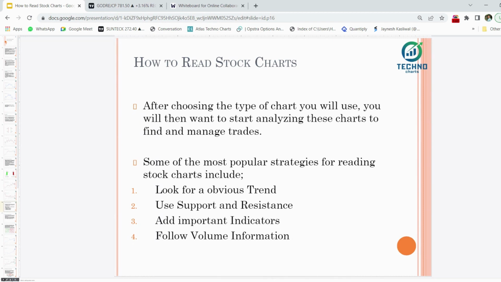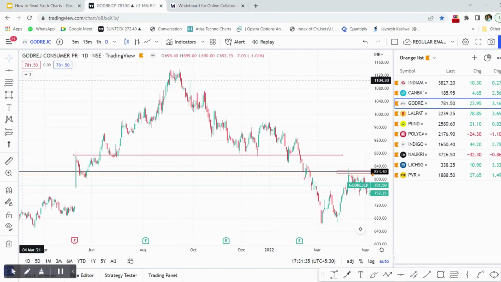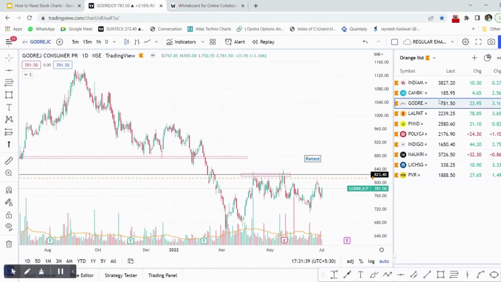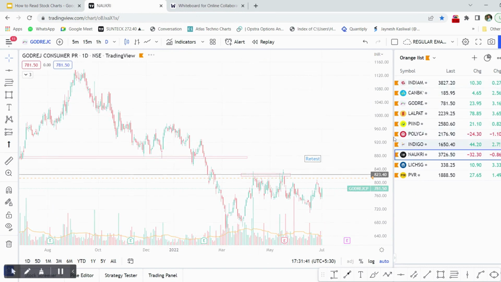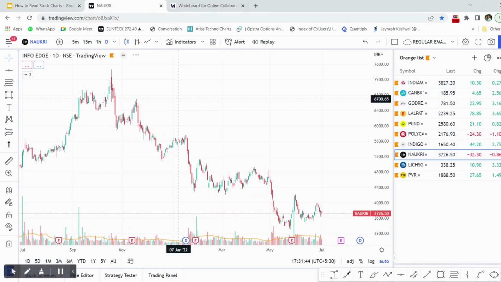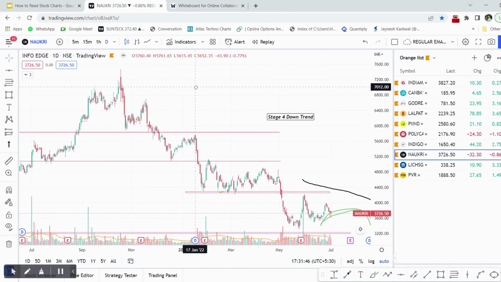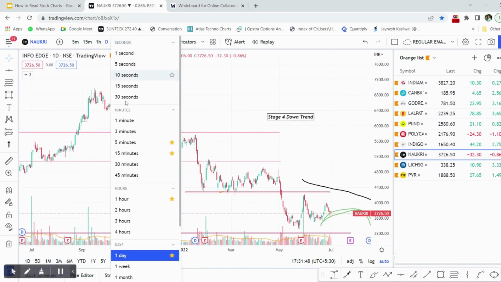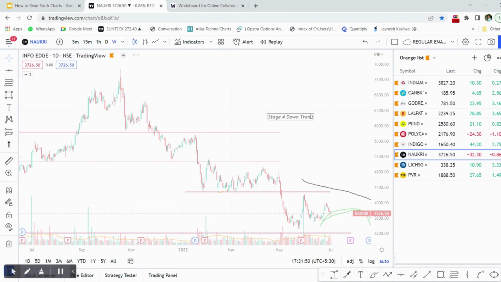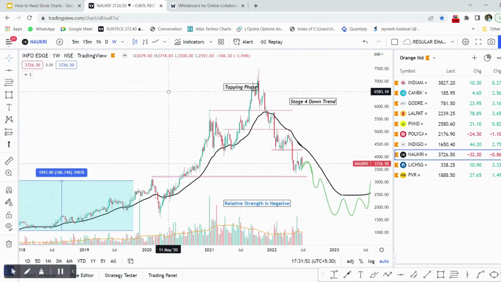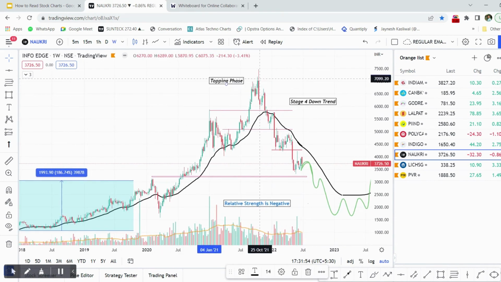Coming back to the stock charts, the fourth thing that you can use is volume information. So volumes play a very important role in trading. Currently I have hidden the volumes here. If you look at the volumes now, for example, in case of Naukri.com, if you analyze the volume at the top of a trend, then you can definitely see that the stock had given us an early exit after the stock had given us a rejection at this area with volume.